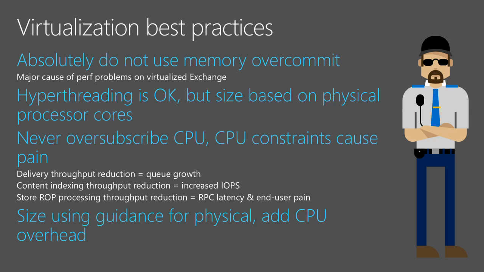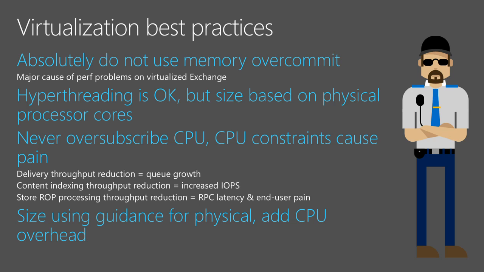But in order to actually make that work, essentially you're robbing other resources on the machine in order to provide resources to a VM that, for whatever reason, seems to actually need those resources at a given point in time. Exchange doesn't deal well with that. It really doesn't deal well with having resources taken away from it or come back at a later point in time.